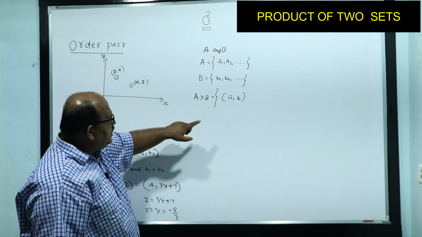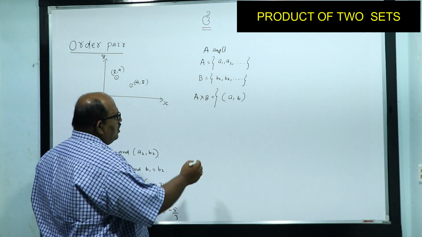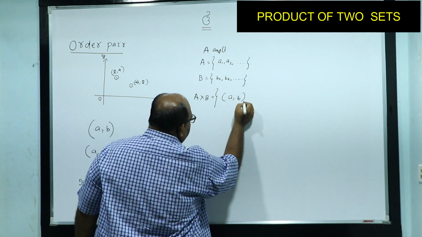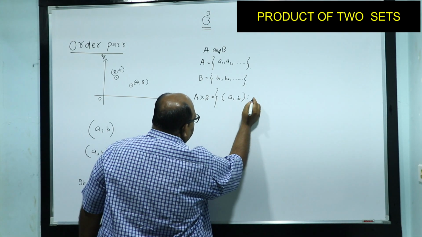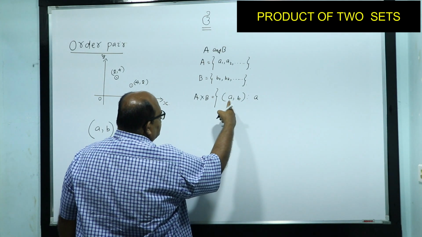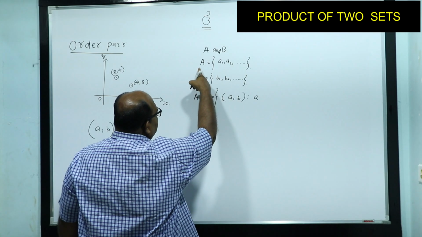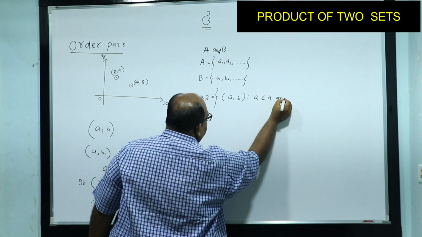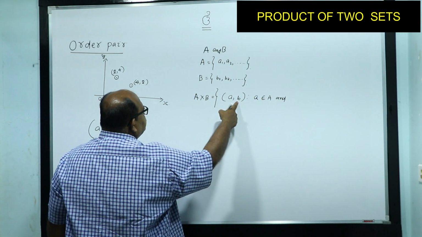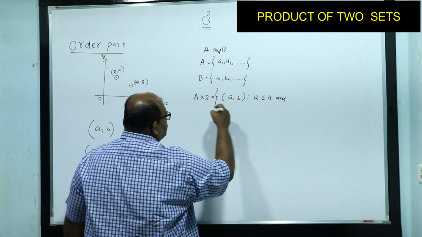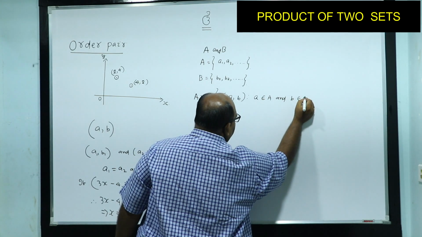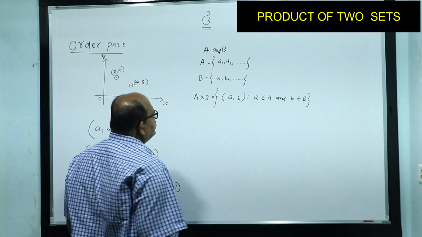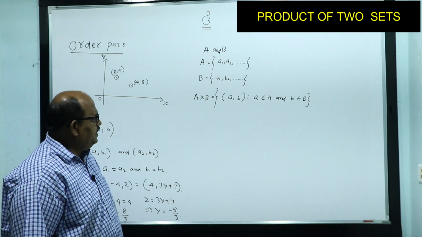So, A into B is equal to a set containing elements in the form of ordered pairs such that a, the first constituent of the ordered pair, belongs to the first set capital A and the second constituent of the ordered pair belongs to the second set capital B. So this is A into B.